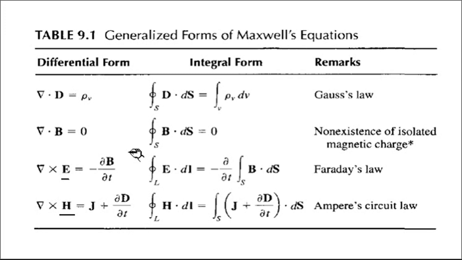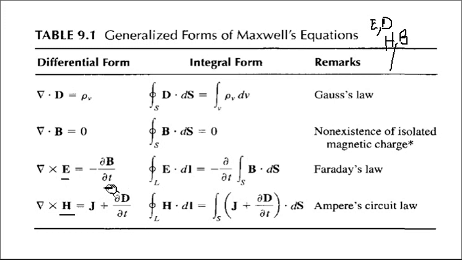In the examination, don't make any confusion about E bar and D bar. See, we know that E and D correspond to electrostatics, and H and B correspond to magnetostatics. So while writing this equation, make sure that you do not write E and D on the two sides of it.